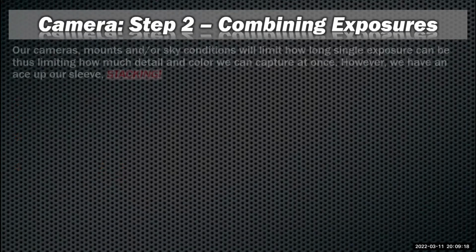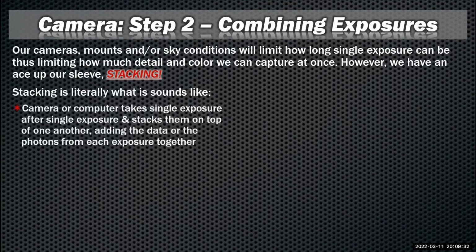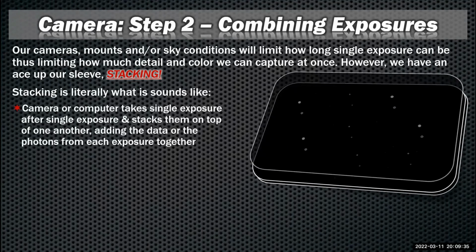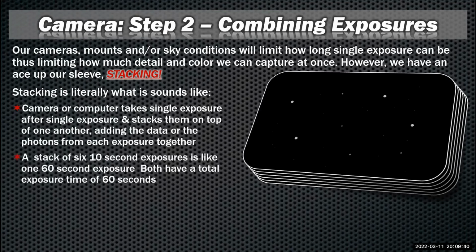So we have an ace up our sleeves, and that is called live stacking. Let me explain what live stacking is, and it really is what it sounds like. The camera is just going to take individual exposures one by one by one, and it's going to start adding all of those pixels right on top of each other. So it's going to take the whole field of view, your 3000 by 3000 pixels or whatever size resolution your camera is, and it's just going to add the data, the brightness of one pixel on this frame, plus the data or brightness from another frame.